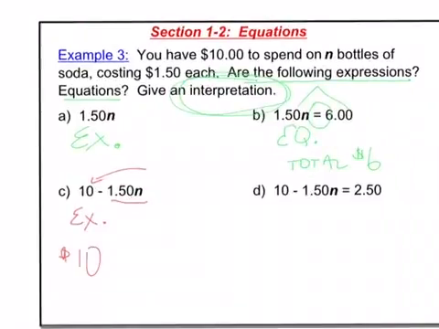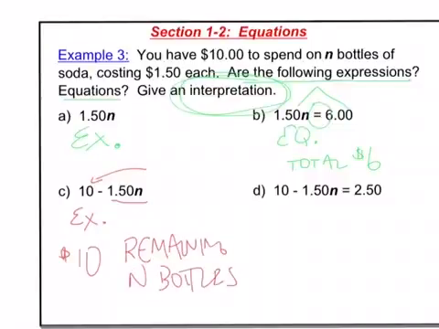So what this means is that this is the money remaining after you buy N bottles of soda. All right, and the last one here is an equation, and it's similar to C, that it's the money remaining, but now they give you a specific amount, saying that your total that you're left with is $2.50.